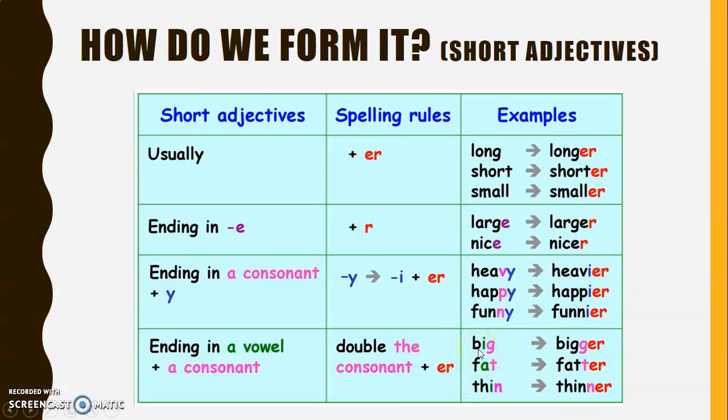Fíjense que es un adjetivo corto que termina en consonante, vocal, consonante. Por lo tanto, repetimos, como en este caso la doble G, la última consonante, es decir, la G, y después agregamos R.